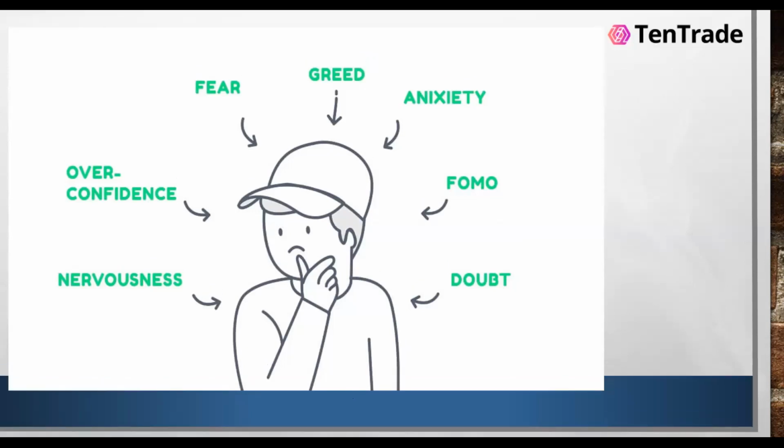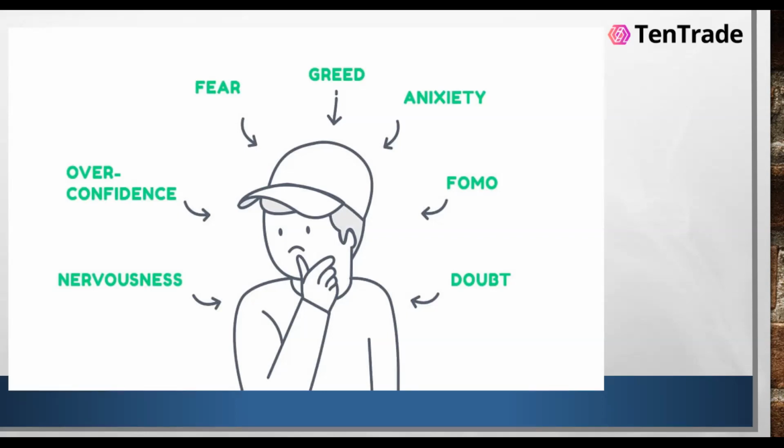Okay. So we've talked about greed. Let's talk about fear. There's a lot of things under fear. For example, the fear of missing out, FOMO. Let's say you planned on taking a particular trade, and one way or the other, you missed the entry.